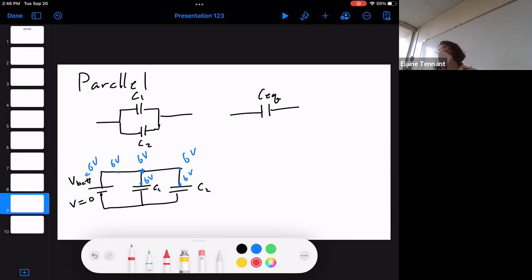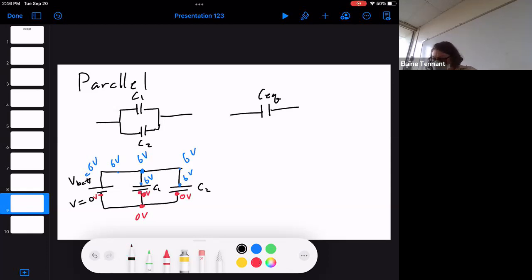But once you hit those capacitors, now you have a non-conducting area. So I can't just jump over my capacitor and say, hey, it's the same voltage on both sides, because I'm no longer on that conducting equipotential. So I'm going to come at it from the other side, where this is 0 volts, and so that side of the capacitor is 0, and that side of the capacitor is 0.